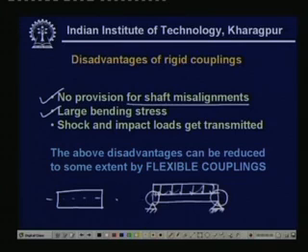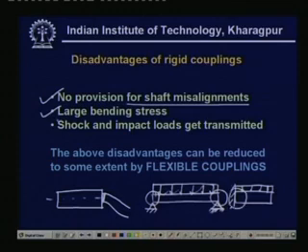So, therefore, whenever we have rigid coupling, then there will be a large bending stress developed. If you compare this with a cantilever beam which again has a fixed end, then you see the bending stress will be maximum here, right. So, large bending stress is developed.